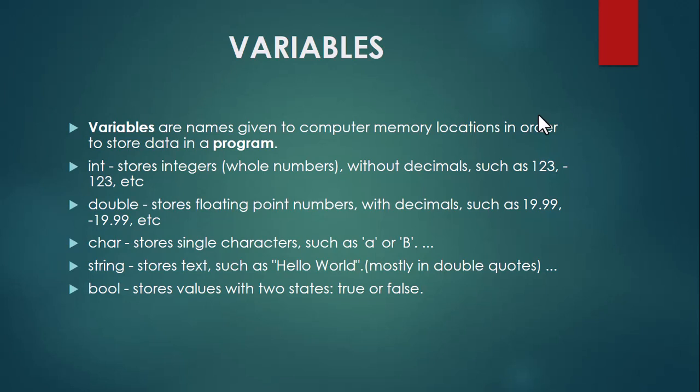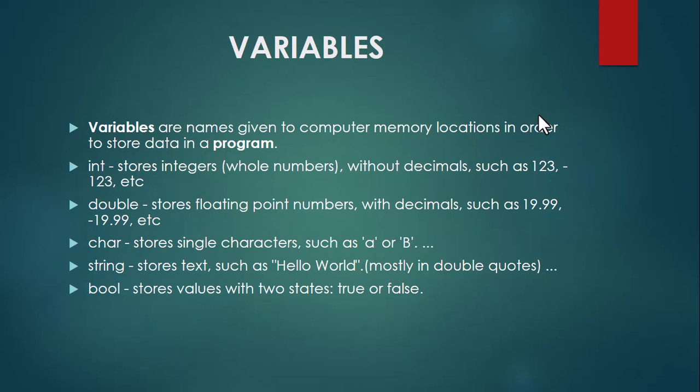We have integer variables, which store integers or whole numbers, like 123, minus 123, 0, 24, whatever. Then we have double variables, which store floating point numbers or decimals.